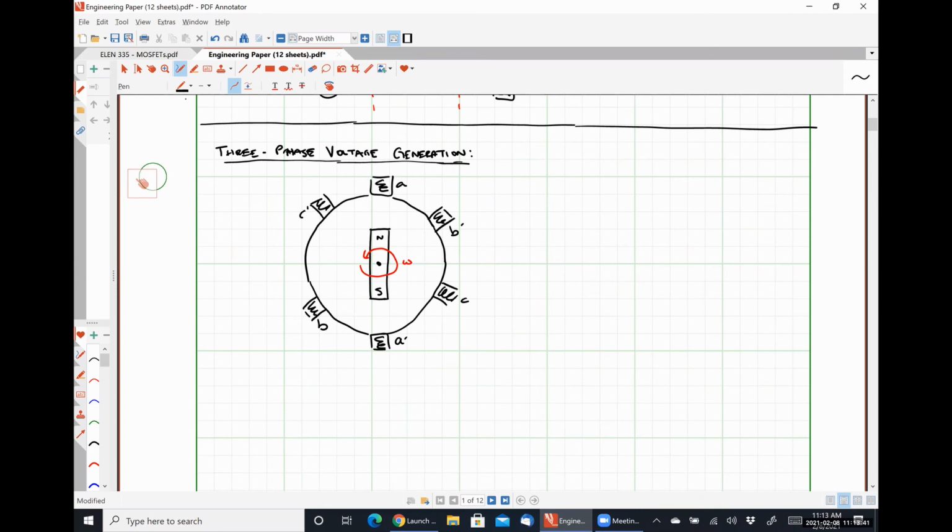So if we take a moment and wire this guy up, as it were, I'm going to wire all my primes together.